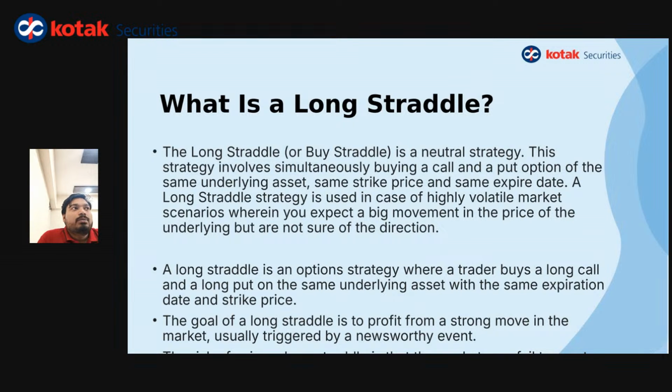When you are not very sure of the direction but are expecting a very high movement, you can go long straddle on gold mini or on silver mini options. In case of inventories for crude oil and natural gas, you can go long straddle just before the inventory. I would be giving you an example specifically for crude oil.